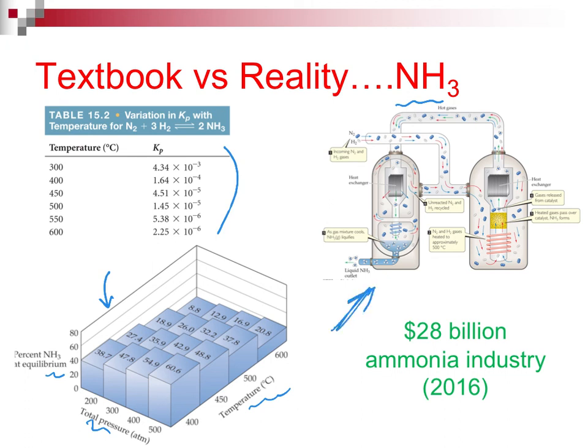But when you look at how an industrial plant functions, the engineers engineer the system, and it is pretty complicated. And this is a real industry, $28 billion. So your job really is to understand what an equilibrium constant is. It's products over reactants. If they give you all the values, you just calculate it. If they don't, you now know two different methods involving the variable x in order to come up with an equilibrium concentration.